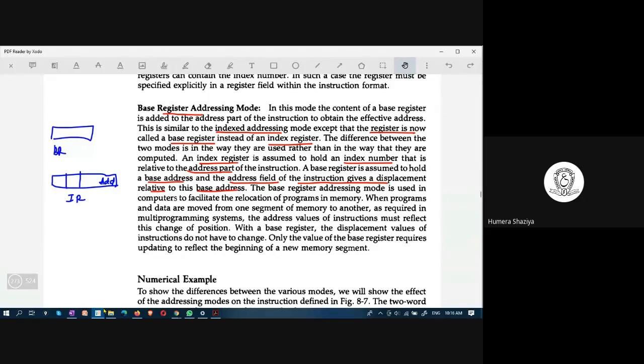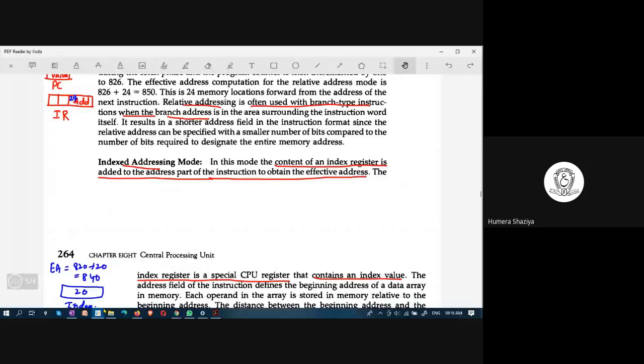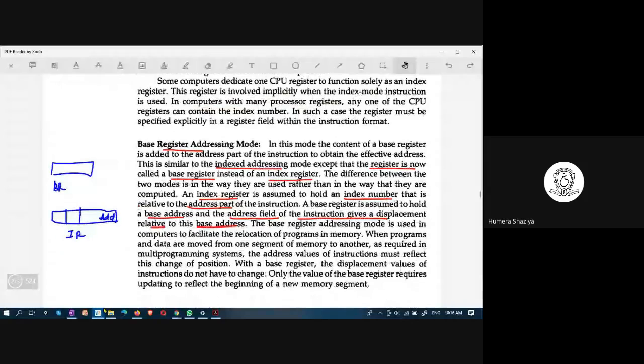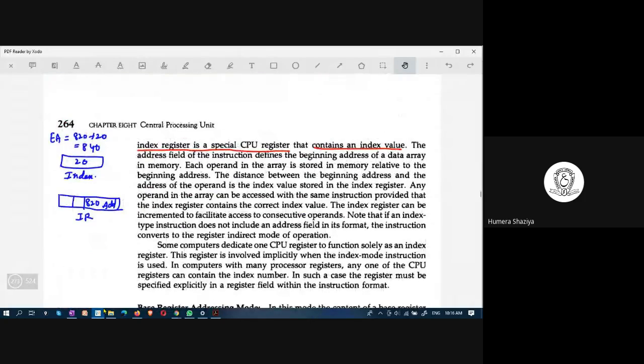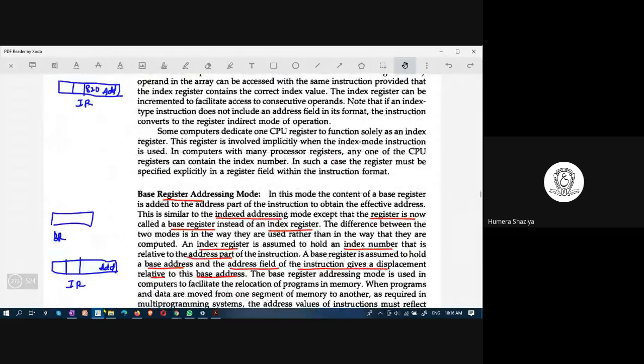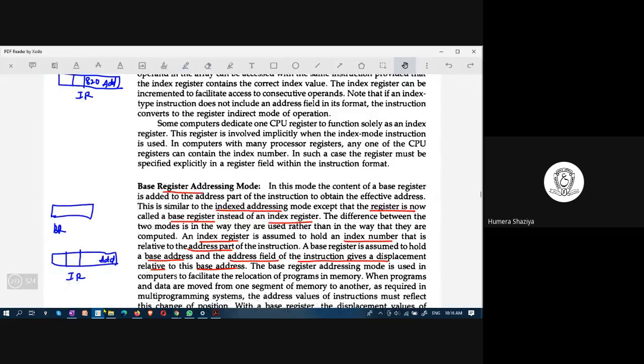Base register addressing mode and indexed addressing mode are similar. In what way are they similar? In index addressing mode, there is an index register whose value is added to the address part of the instruction. Likewise, there is a base register whose value is added to the address part of the instruction.